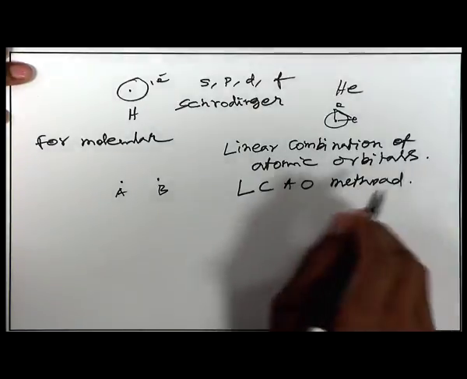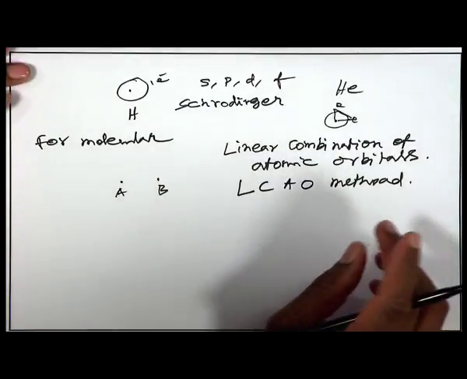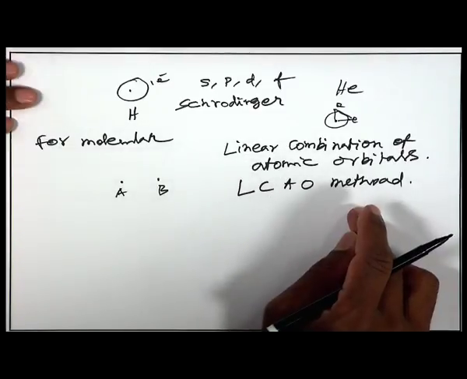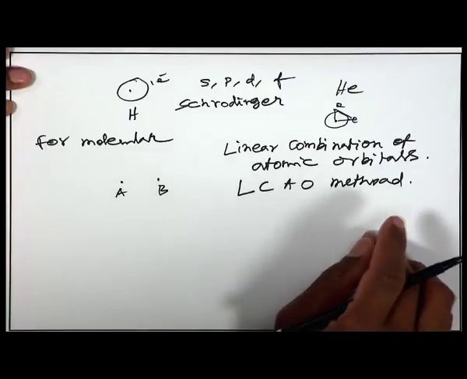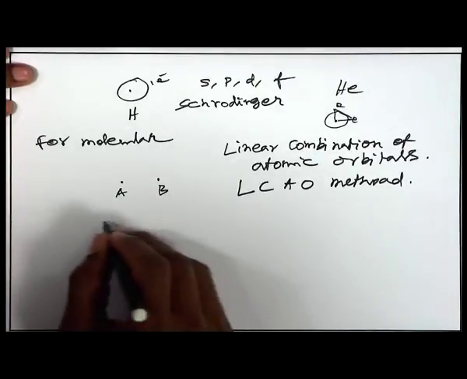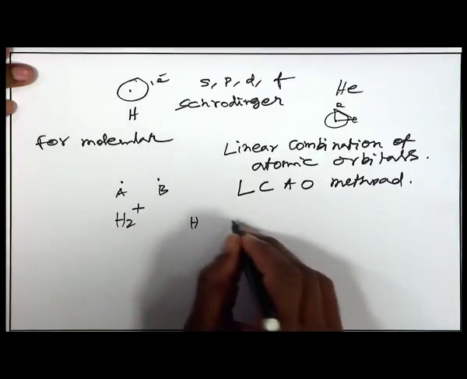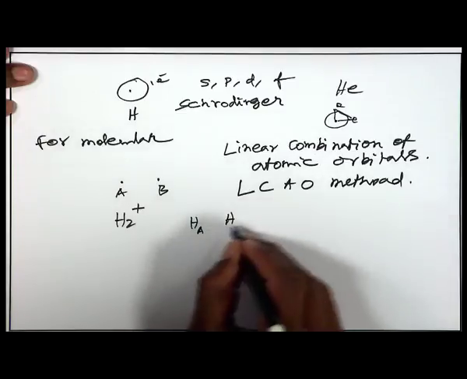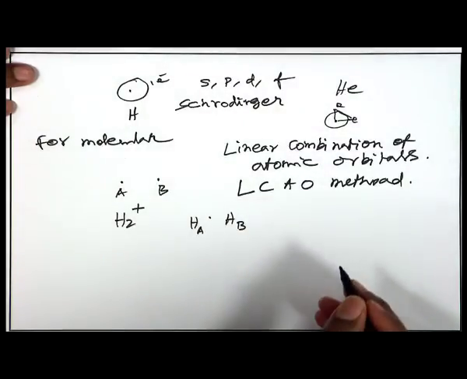Let us see the basic logic behind this method for finding out the energy levels in molecules. Let us see an example, a molecule of this type, H2 plus. You have a hydrogen atom and another hydrogen atom. Let us say this is hydrogen atom A, this is hydrogen atom B. Between them there is one electron.